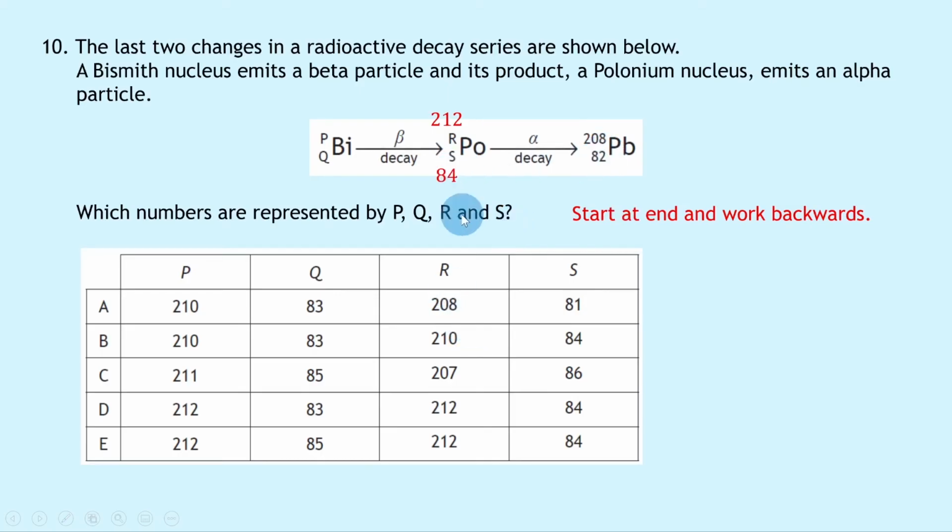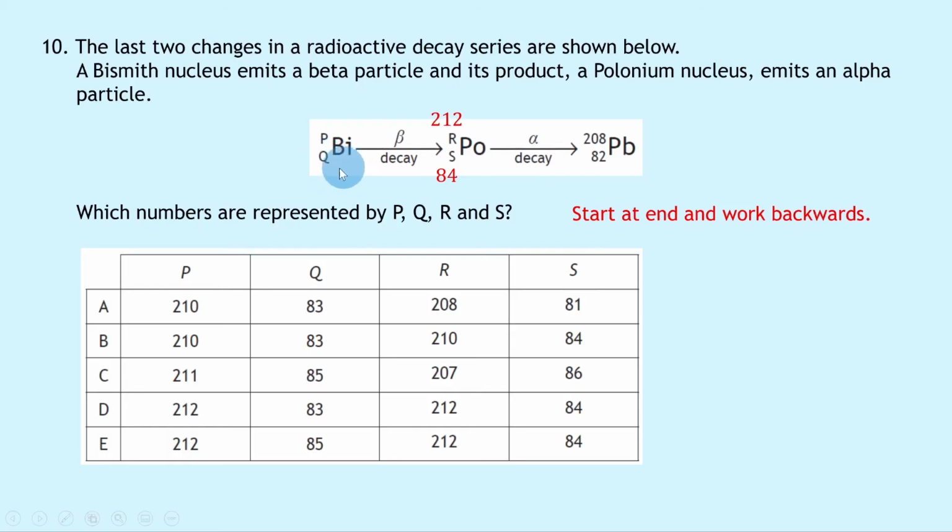And now we need to do the same thinking about a beta decay. So if bismuth undergoes a beta decay, then remember a beta decay is going to cause the mass number, the upper number, to be unchanged, whereas the atomic number is going to increase by 1. And the reason for that, remember, is that a beta decay is a neutron converting into a proton, so therefore the proton number is going to increase by 1.